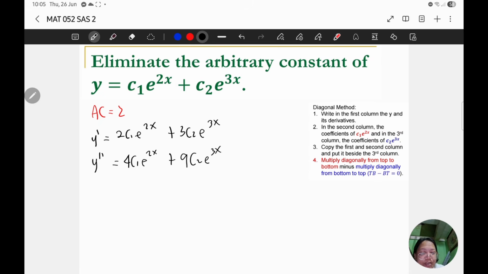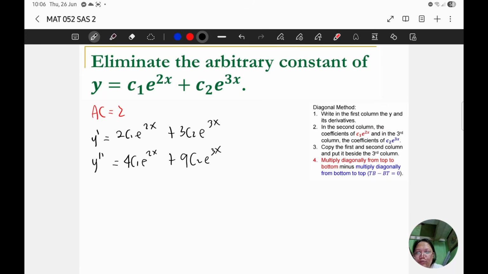Do we need to derive again? No more. Because there are only 2 arbitrary constants. So we have to derive the equation twice only. Next is to use the determinants. Here, to determine the determinants, we will use the diagonal method.